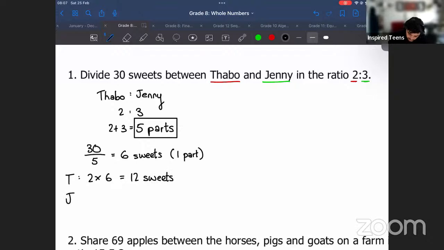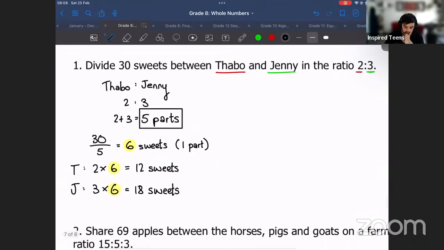For Jenny, I know that she needs 3 parts, and I know the value of one part, which is 6. So I multiply Jenny's share by 6, and I get 18 sweets. You can confirm that when you add 12 and 18, you're going to get 30. So in that case, your splitting is correct.